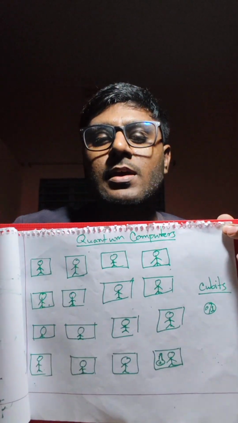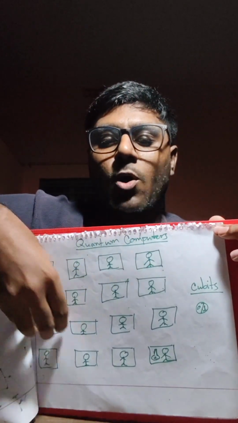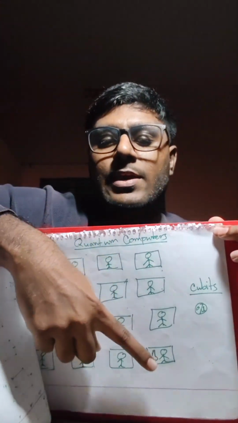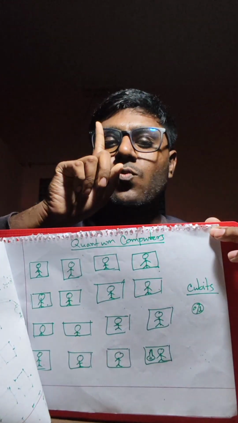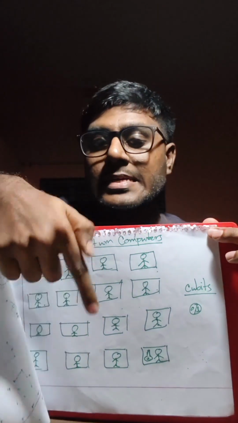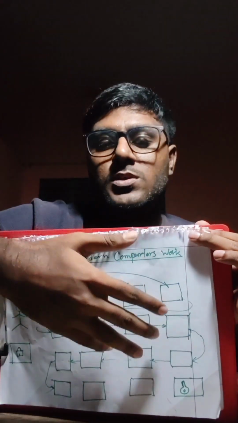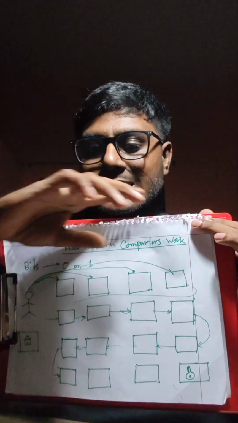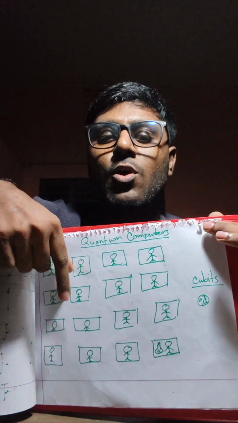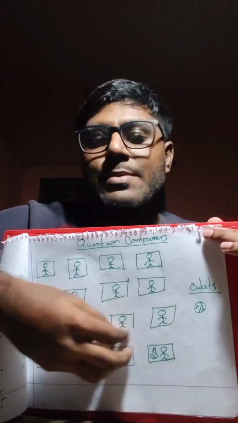So what will happen? In 1 second, he will be everywhere, every block of this problem, and he will find the key, and he will eliminate all the other blocks just within 1 second of his time. So here, if for 100 blocks, this man could take up to 100 seconds, but this man will only take 1 second because he's everywhere at the same time, at the same moment.